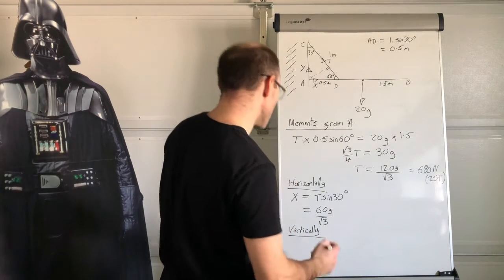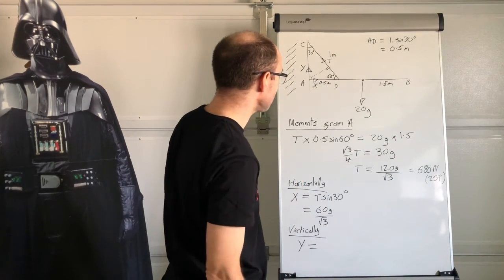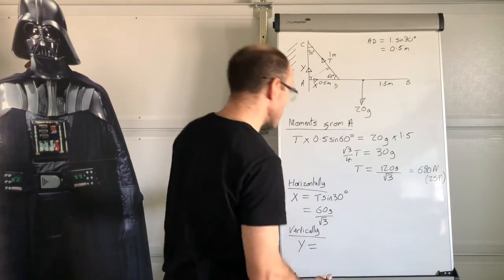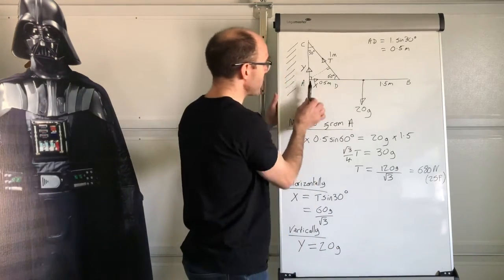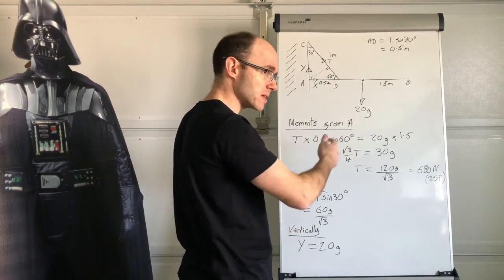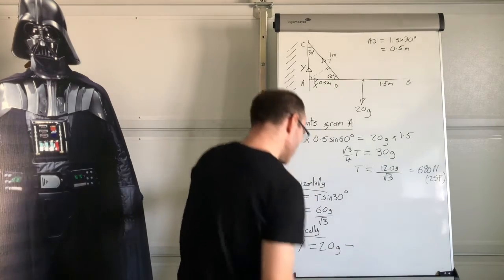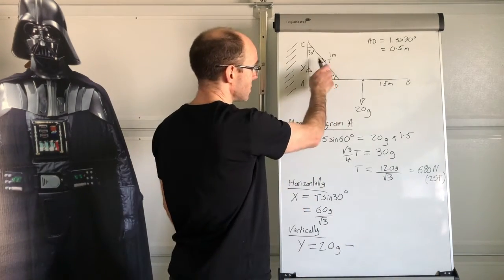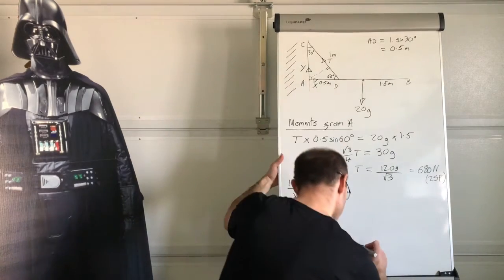vertically. So Y is equal to, well, obviously opposing it is the 20G. Now, since I've got Y going upwards and T is going upwards, you'd have the Y component plus the tension in the string is equal to the weight component. So what that means is, if I bring the tension to the other side of this equation, I'm going to have 20G subtract the tension component.